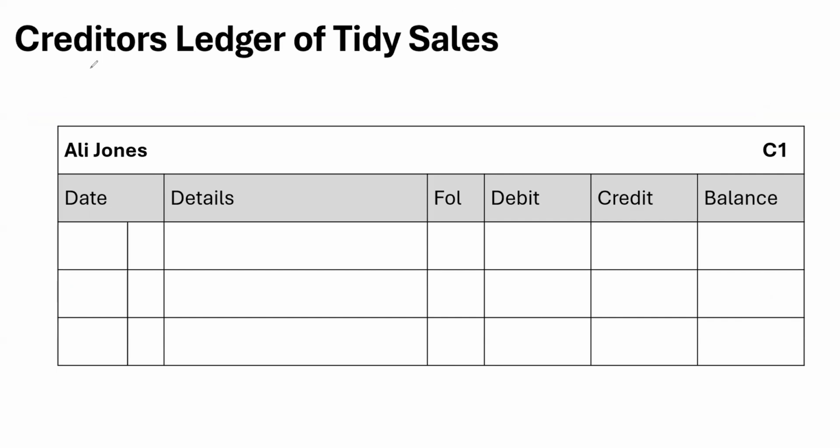There we go. All right, so this is what my creditors ledger looks like. So my creditor is Ali Jones. For every creditor, they'll have their own ledger account. This is creditor C1. So first, I'm going to post the balance of what I owe Ali Jones on September the 1st.